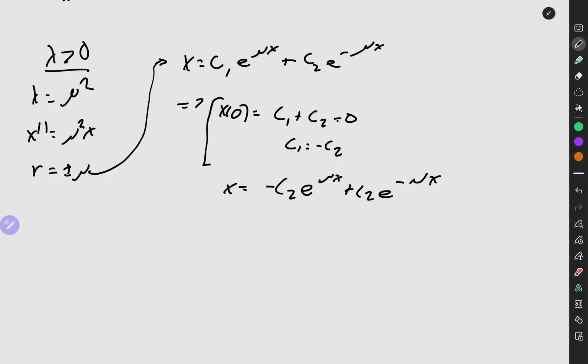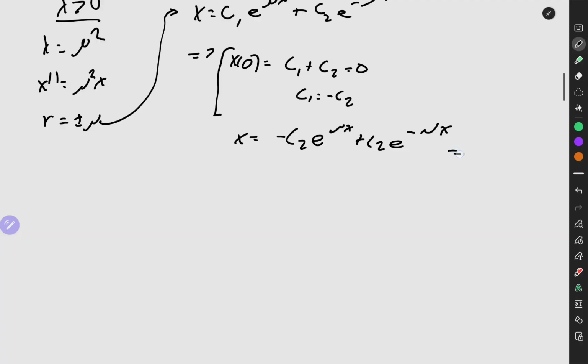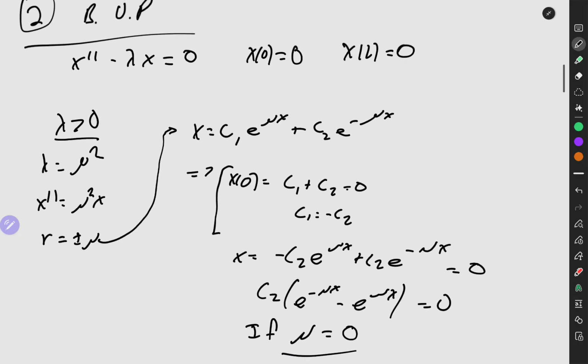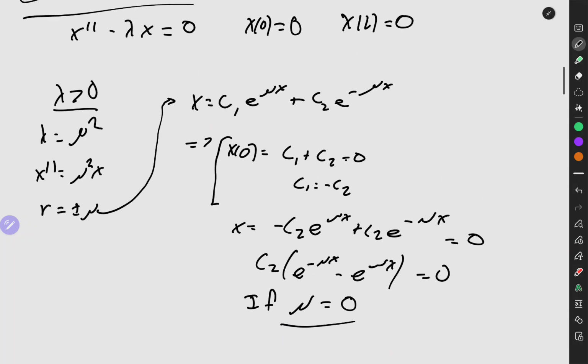Looking at this, we have only trivial solutions, right? Because if we were to take out, well, let's take out a C2. If mu is equal to 0, then we look at X up here.